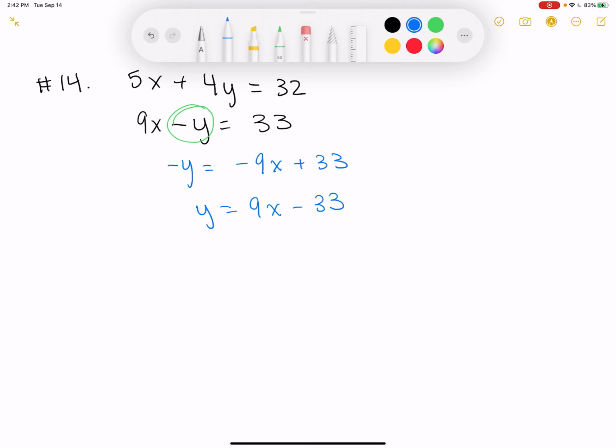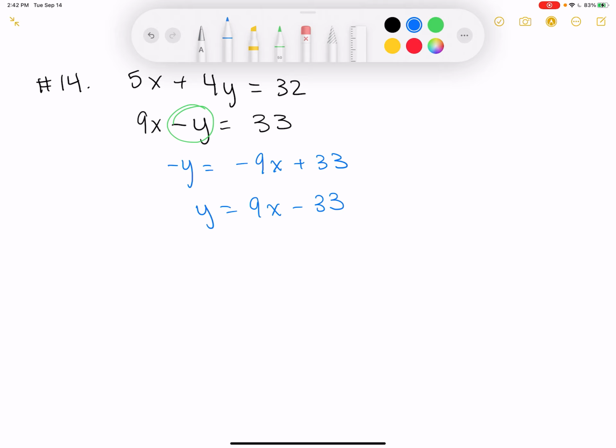All right, let's go ahead and go over this one. Okay. So I choose the bottom one because y has a negative 1 in front of it. The other ones would require me to divide through a variable, and that could end up giving you fractions if you do it that way. And I'm trying to avoid that, so we choose the bottom equation.